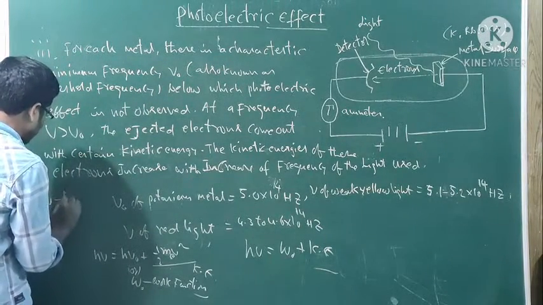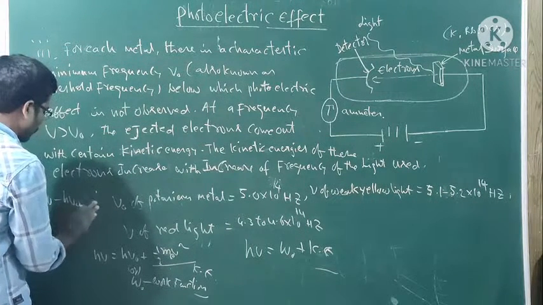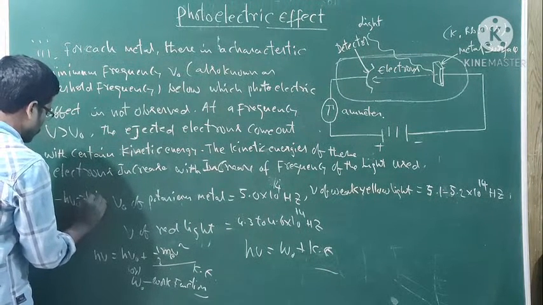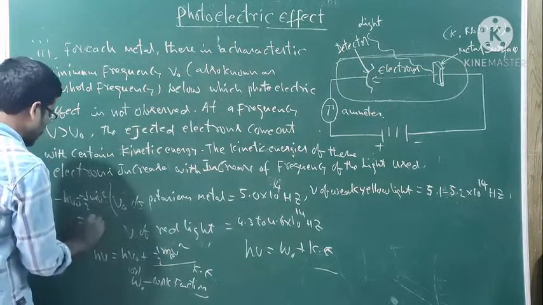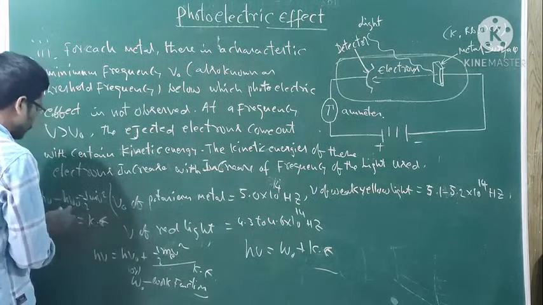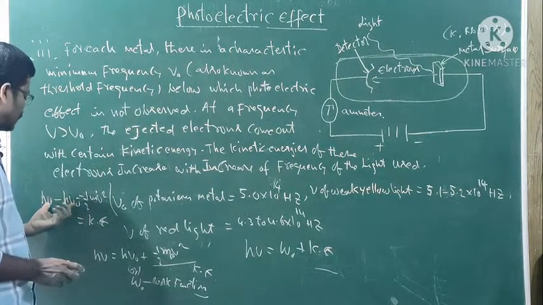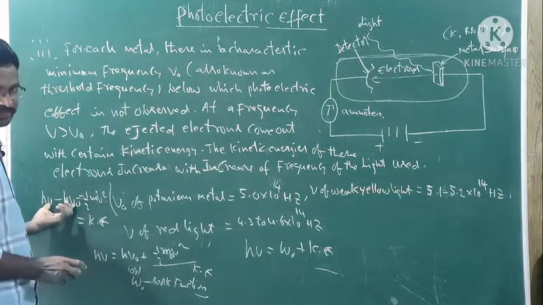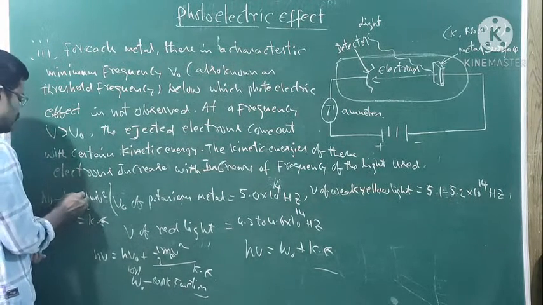You may write it like this: h nu minus h nu naught is equal to half m v square. This is known as kinetic energy. So the difference of threshold energy and the energy of the light frequency is known as kinetic energy.